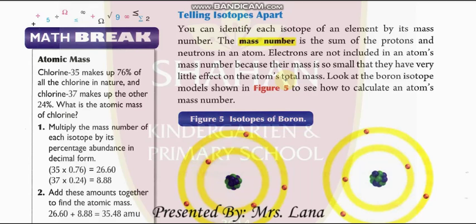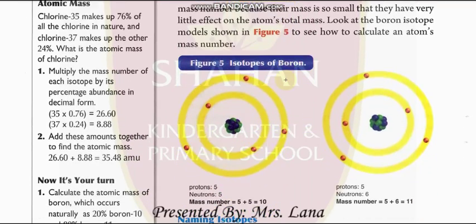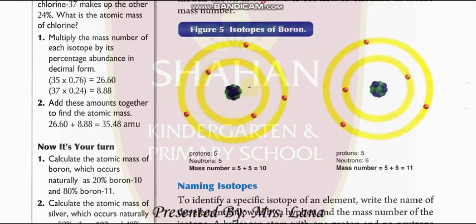Because of that, the mass number is the sum of the protons and neutrons. These are the isotopes of boron. 5 protons and 5 neutrons: mass number equals 5 plus 5, which is 10. And 5 protons and 6 neutrons: mass number is 11.